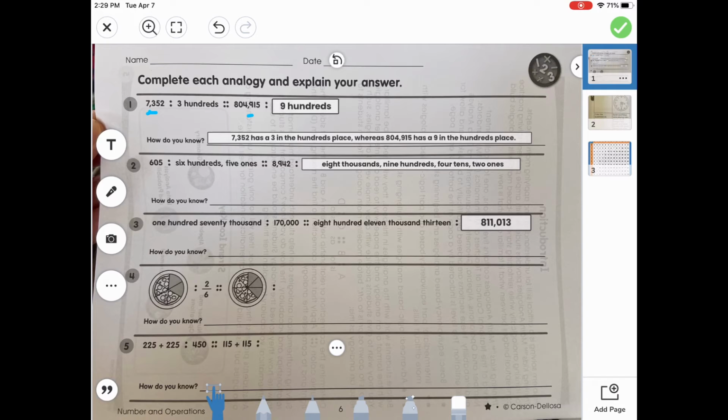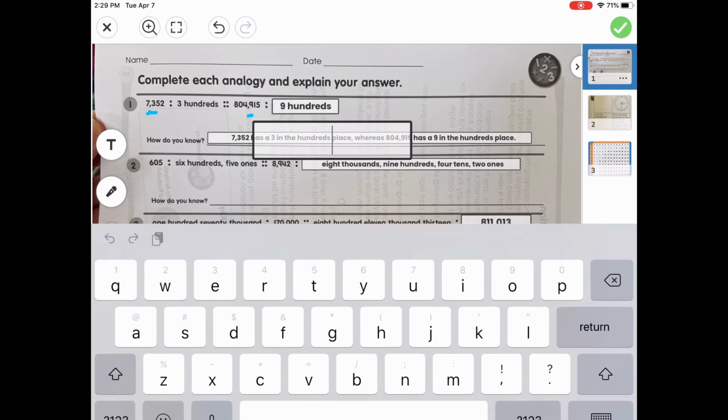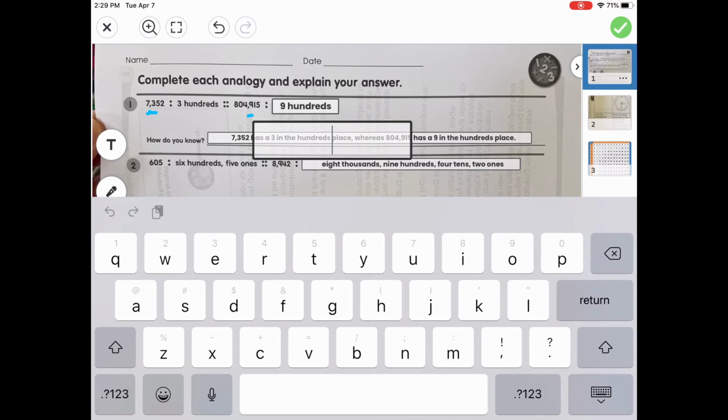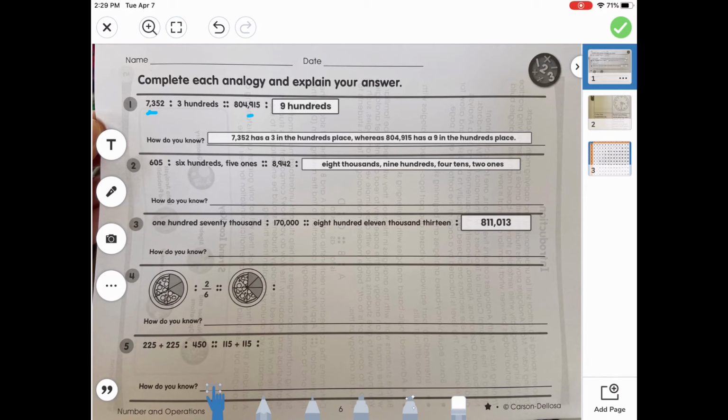Problem number 4 has the fraction of a pizza where there are 4/6 of a pizza left and 2/6 of the pizza have been eaten. So it says the fraction 2/6 of the pizza eaten is to the fraction number 2/6 as 3/6 of a pizza that's been eaten. So I'm going to turn that into a fraction. I feel like that might be hard to type. So instead of typing it, I think I'm just going to use the pencil tool.